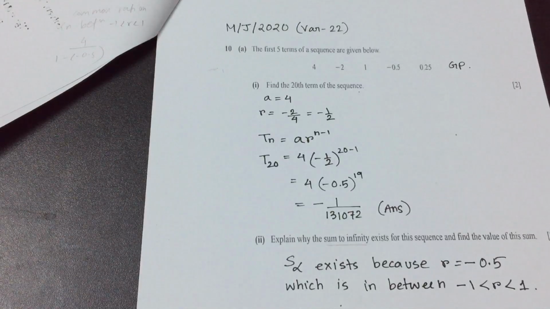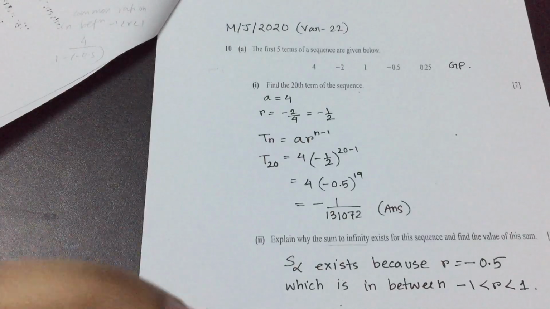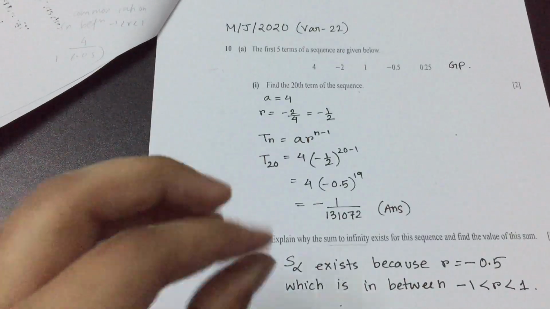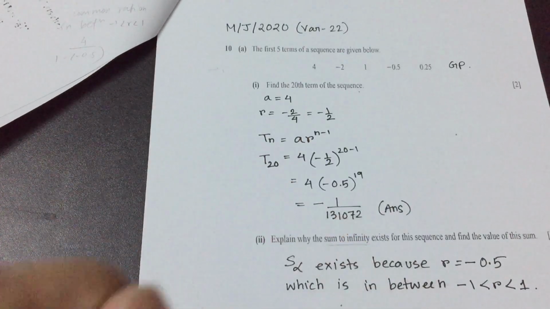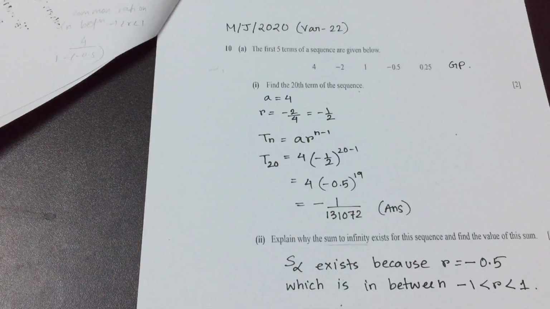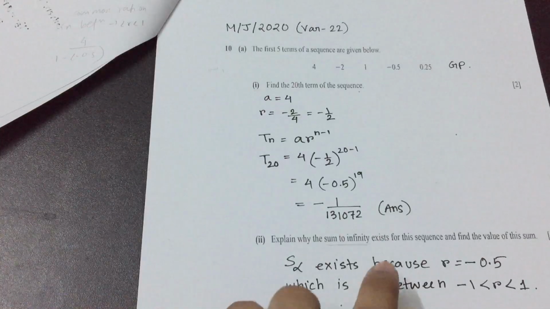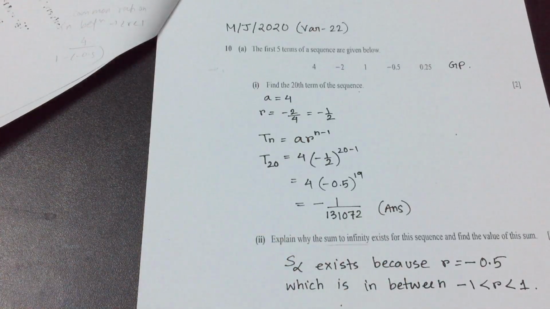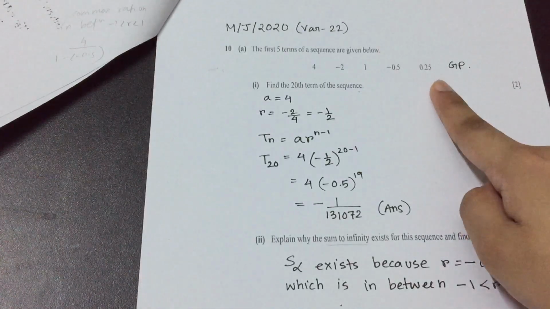To be honest, I decided that this was a geometric progression by seeing the second question, where it said why the sum to infinity exists. So immediately I knew that this is a geometric progression, because here is one trick. This sum to infinity is always related to geometric progression. It's not related to arithmetic progression. So this was how I decided that yes, this is a geometric progression.